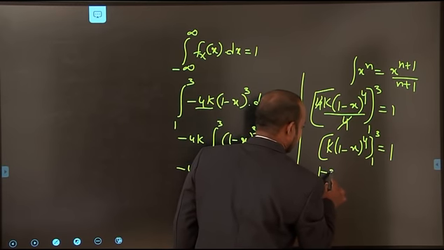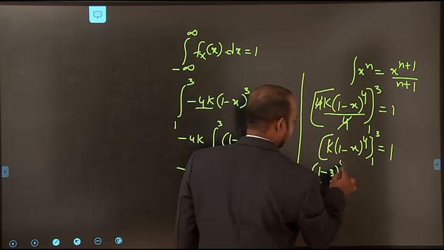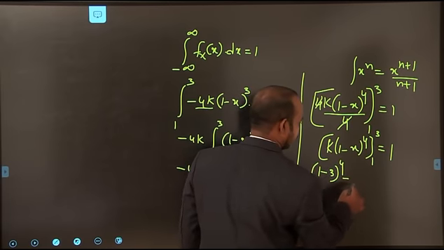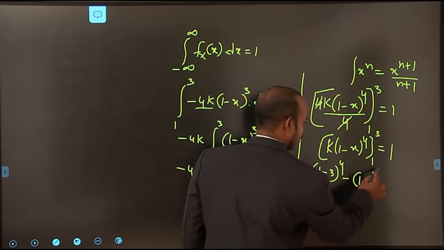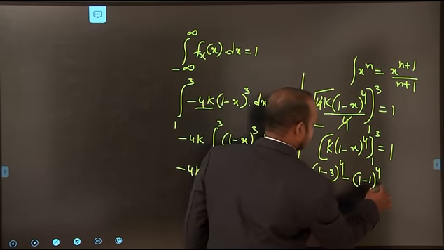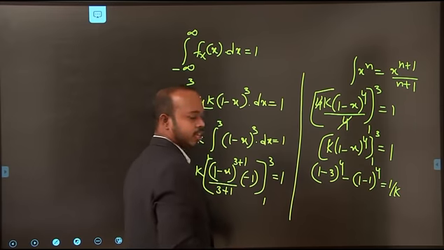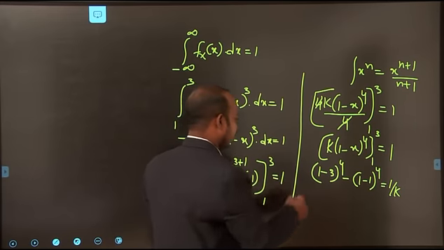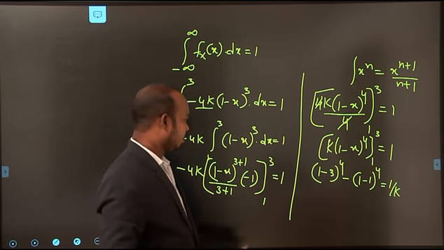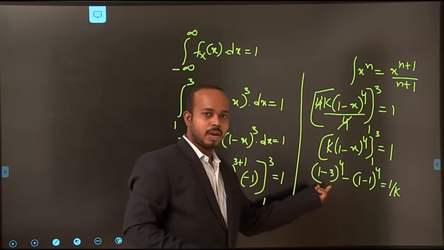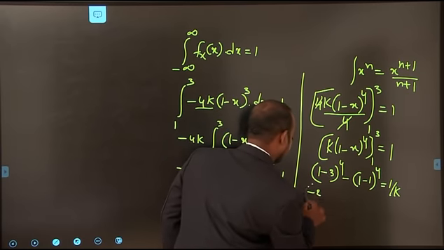(1 minus 3) whole power 4 minus (1 minus 1) whole power 4 is equal to 1 divided by k. Here 1 minus 3 is minus 2, whole power 4.